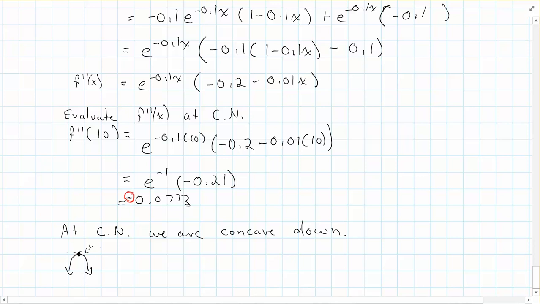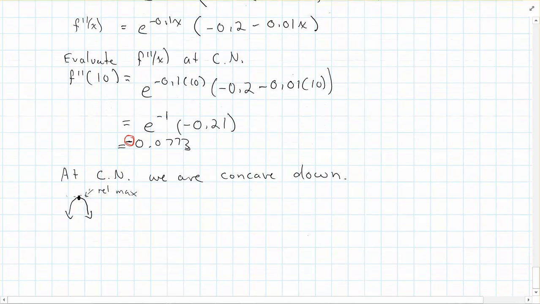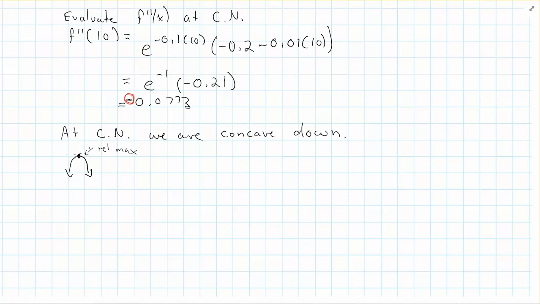So we have a relative max, which is what we got from the first derivative test. So we know that x equals 10 corresponds to a relative max.